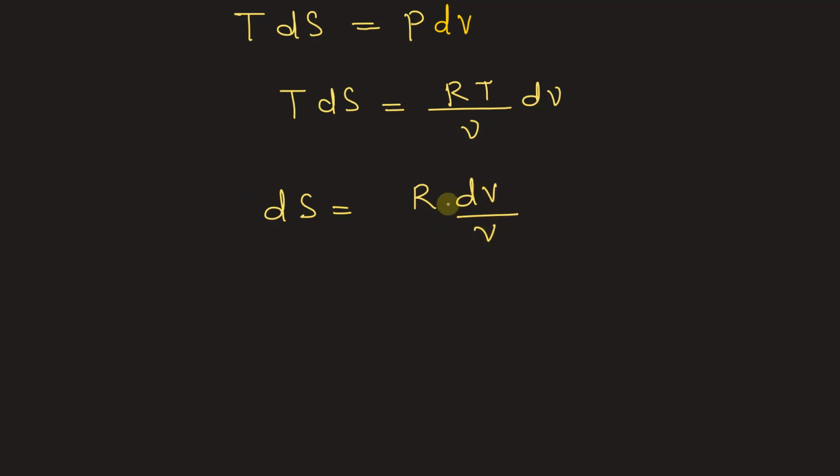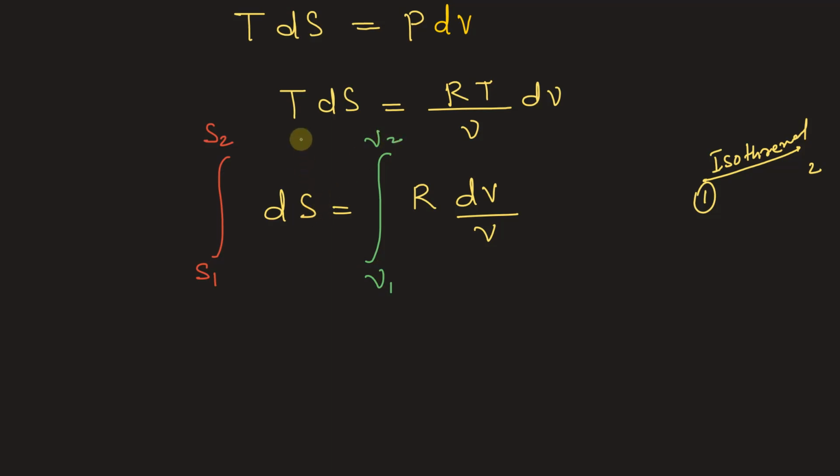Now let's integrate this equation from state 1 to 2, that is isothermal. At state 1, let the entropy be S1, and at state 2, let the entropy be S2. Here let the specific volume be V1 and specific volume here be V2.